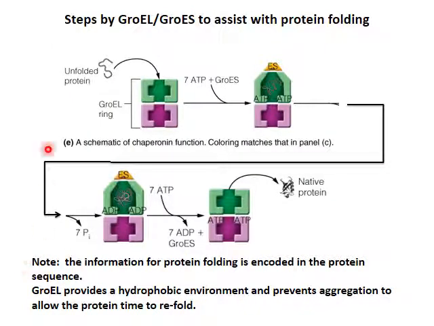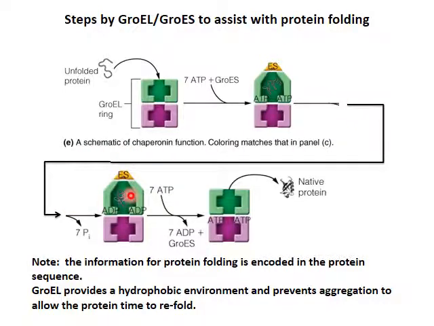So briefly, this GroEL recognizes the unfolded protein, and with the help of ATP and GroES, which is another component here, which kind of caps the top once it captures the protein in there, allows these conformational changes to occur through ATP hydrolysis that promotes the protein to be folded.